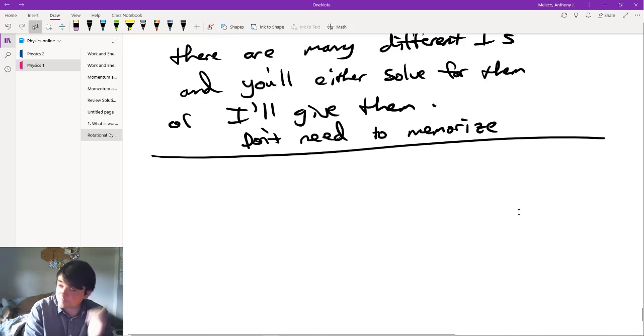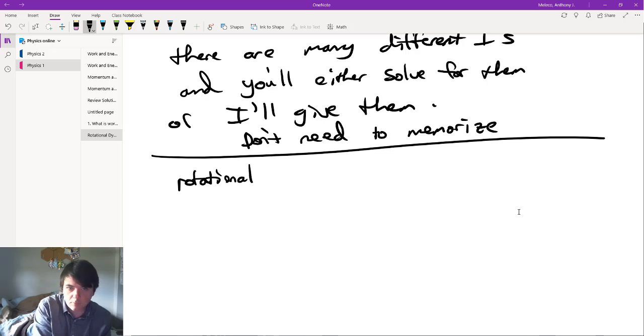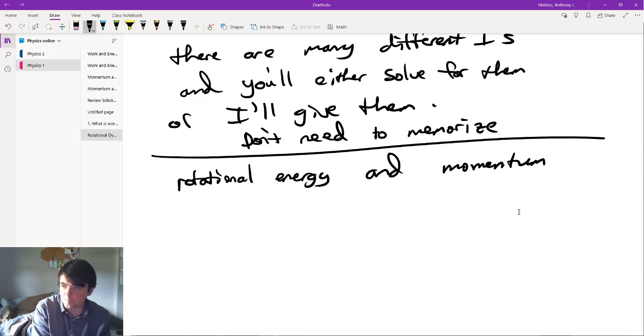Next up, rotational energy and momentum. So let's start with the energy first. So for work, we always had work, right? And that was, you know, force, distance, cosine theta, right?